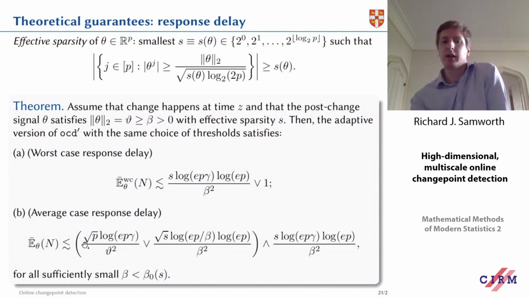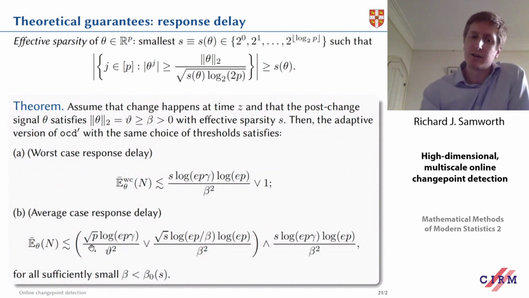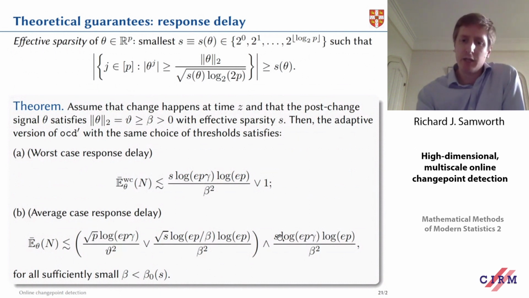So ignoring logarithmic factors, and in the case where var theta is of the same order as beta, then I'm going to get an average case response delay of the minimum of s and the square root of p divided by var theta squared.